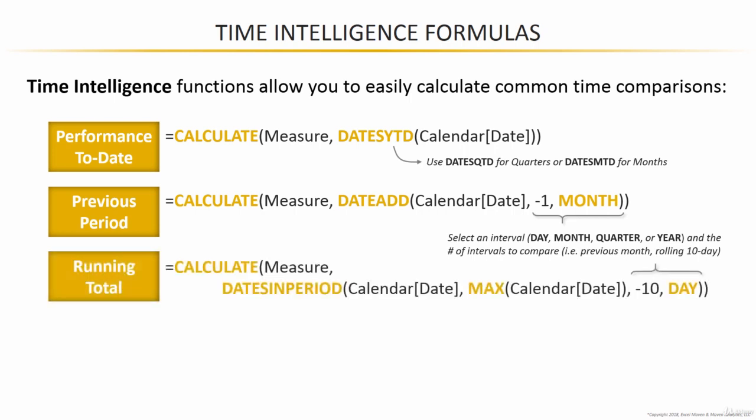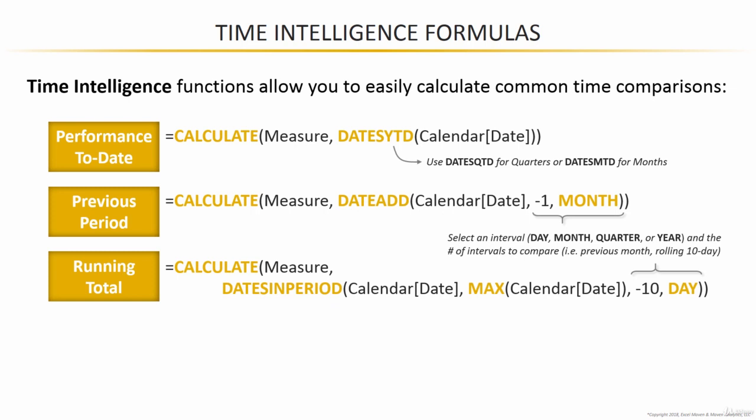Then the third one that we're going to look at is a running total. And this one just has one additional function built in, starts with calculate. We're going to use the dates in period function, point to a date field, and then it just has one additional argument for that max function, followed by the same 2 final arguments, the interval type and the number of intervals.